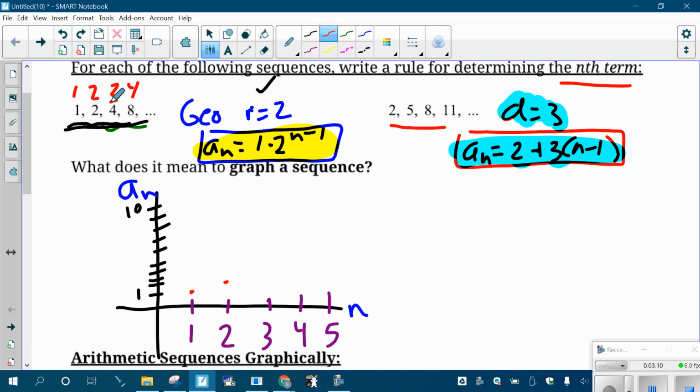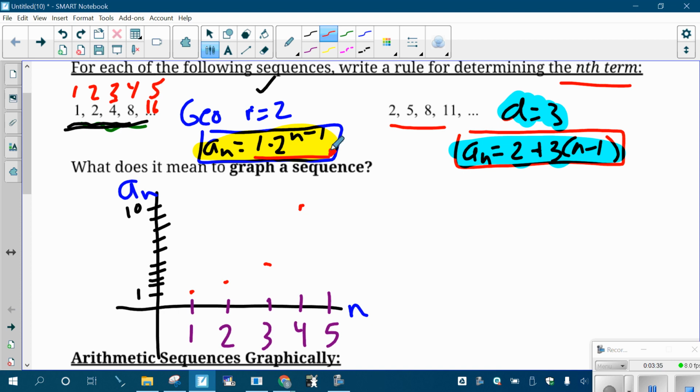So when you put in an n of 3, you get out a sub n of 4. The fourth term is 8. When you plug in 4, you'd get out 8. The fifth term would be 16, if I continue this pattern. So when your n is 5, you get out 16.